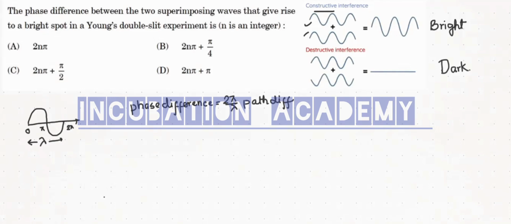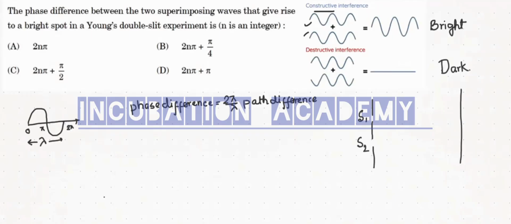These relations become important when two waves are superimposed coming from two coherent sources. Say S1 and S2 are two coherent sources, and this is the screen.